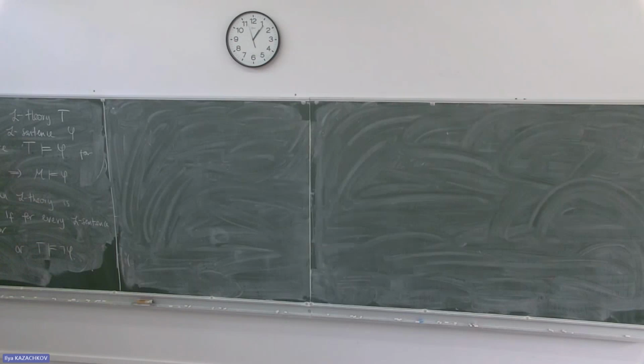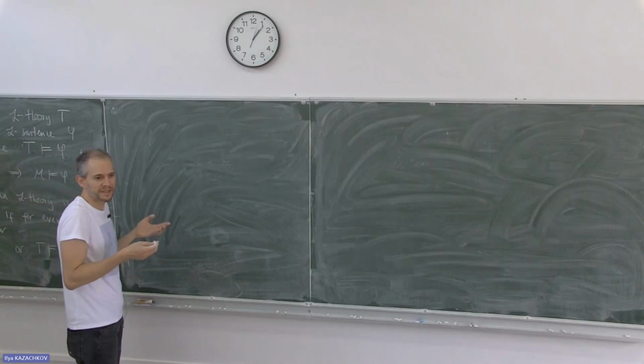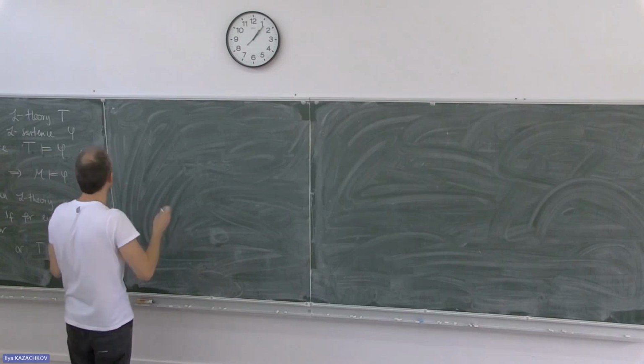In this case, we say that T is complete. It's kind of difficult to get really complete theories, but there is one example which is very easy.